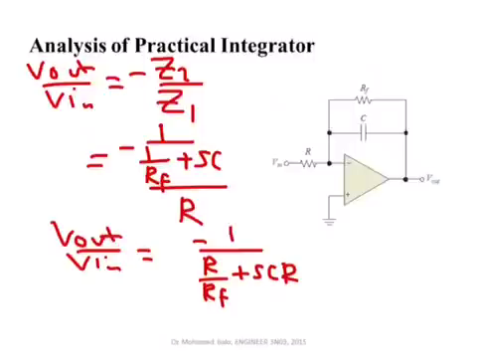And then I will take it back to the time domain. So R over Rf multiplied by the phasor of V out becomes R over Rf multiplied by V out of t. SCR multiplied by V out becomes CR multiplied by V out dot.